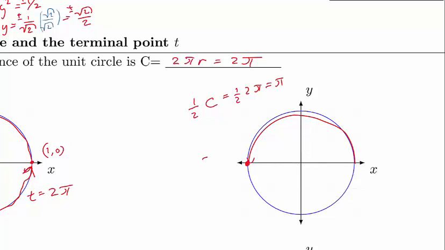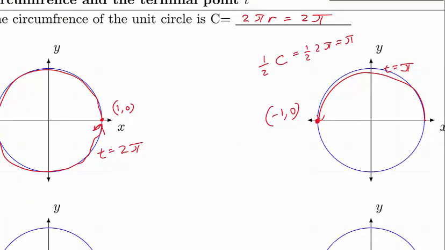And what are the coordinates there? It's -1 and 0. Okay, and with the arc length of t simply being pi.